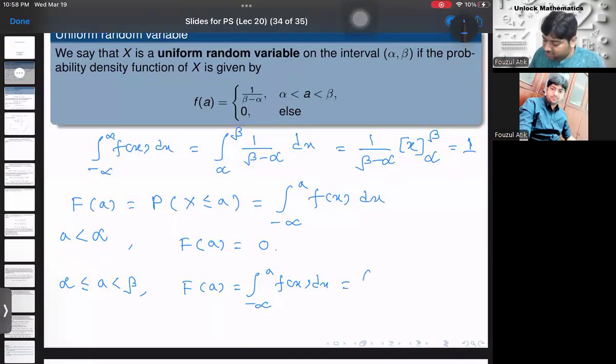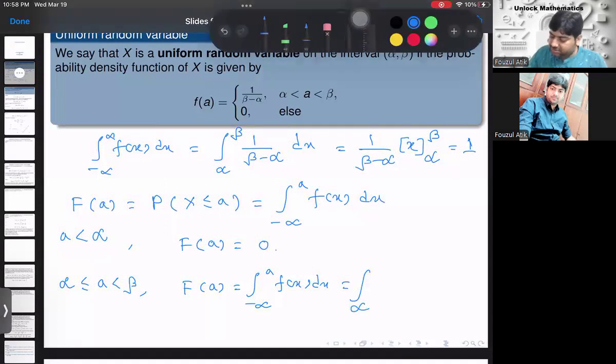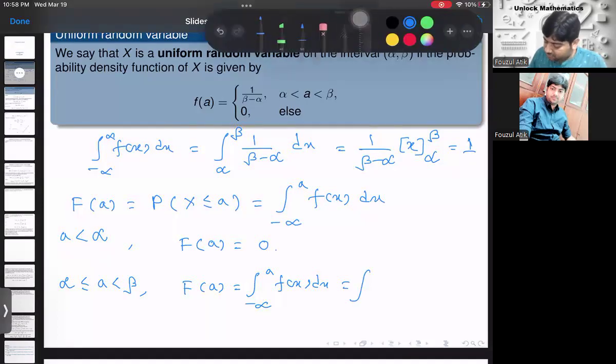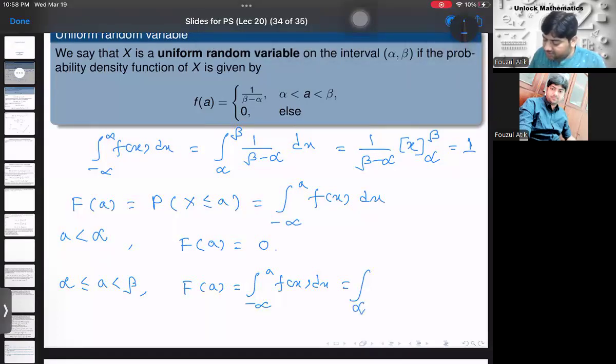So you take the integral from alpha to a, and f(x) is 1 by beta minus alpha times dx. Doing the integration, it becomes a minus alpha divided by beta minus alpha. I hope it is clear.